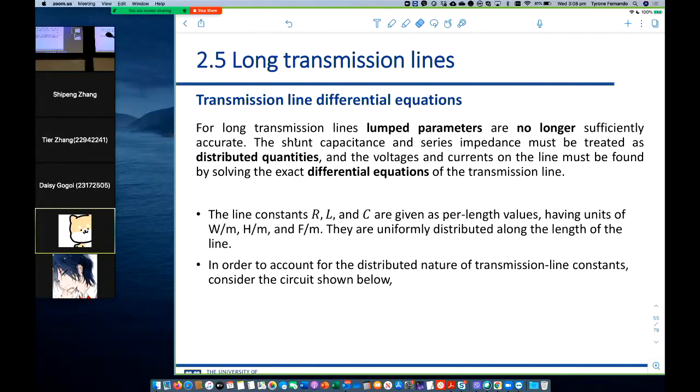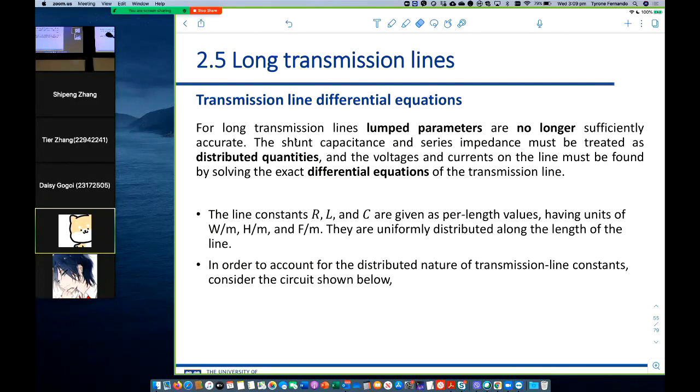R has units of ohms per meter, L is henries per meter, and C is farads per meter. They are uniformly distributed along the length of the line, so that will be our assumption.